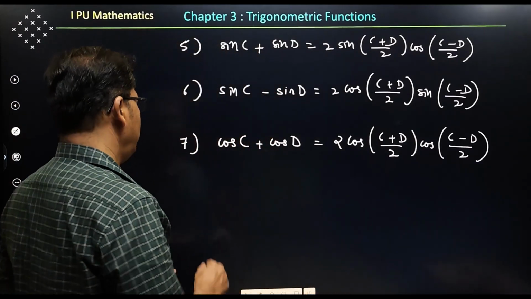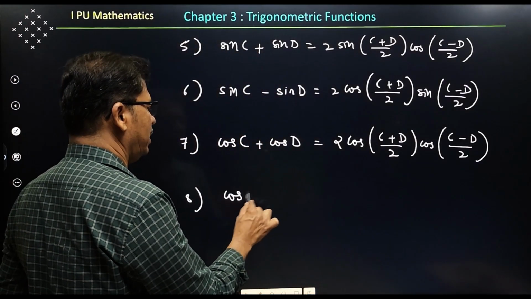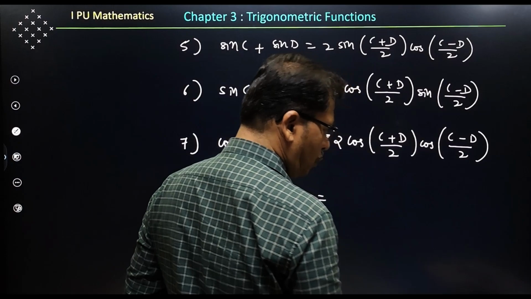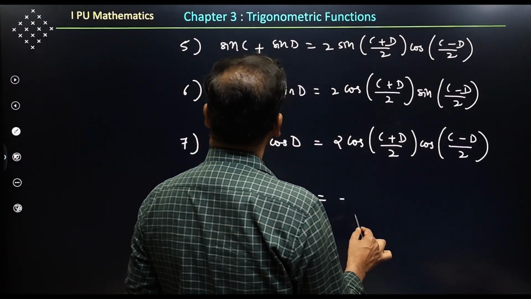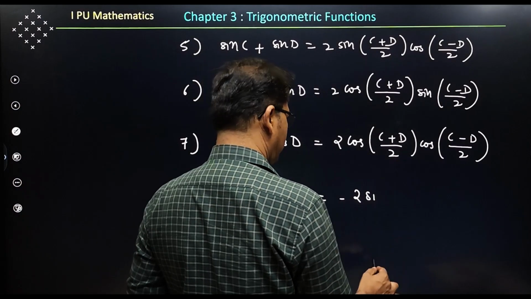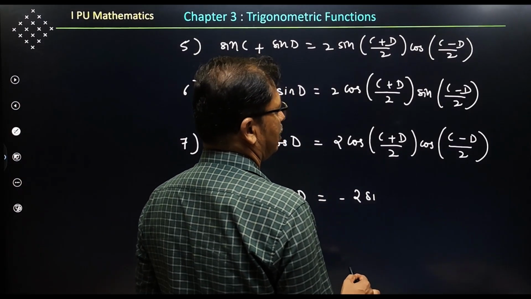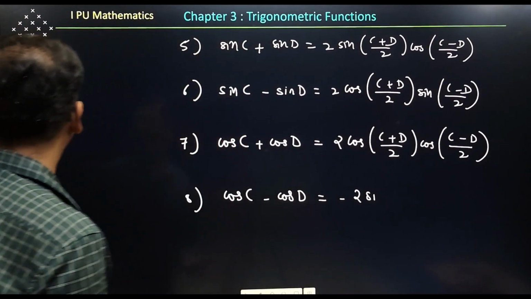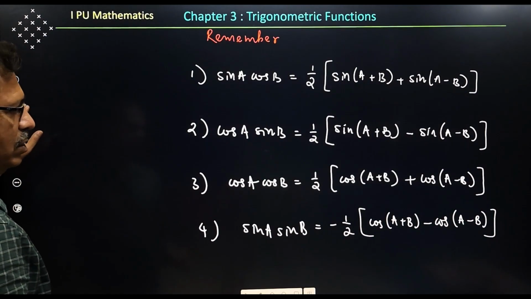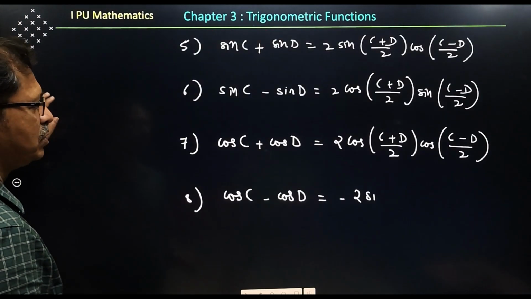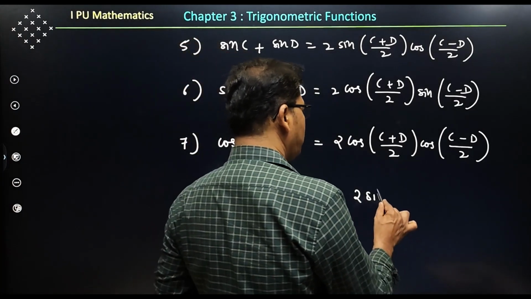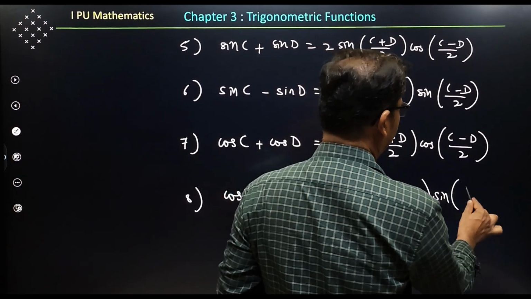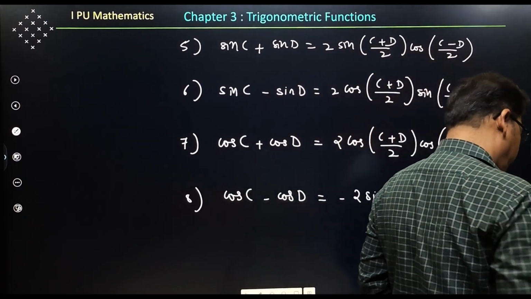Eighth one, cos c minus cos d, that is equal to minus 2 into sine into sine: minus 2 into sine of c plus d divided by 2 into sine of c minus d divided by 2 here.